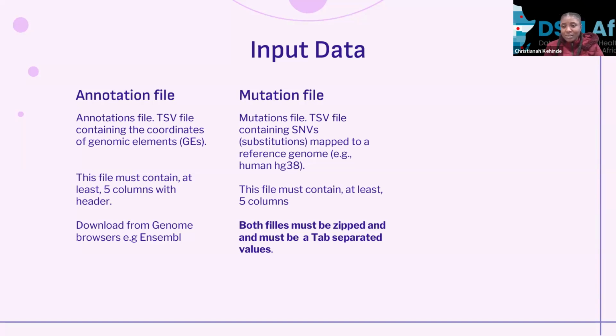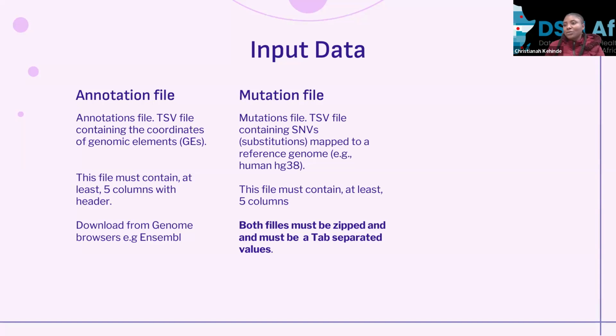cancer databases. So another thing I would love to point out is that the annotation file and the mutation file must have the same reference genome. For example, if you're using a database with HG38 for your mutation file, then the annotation file should also have the same.